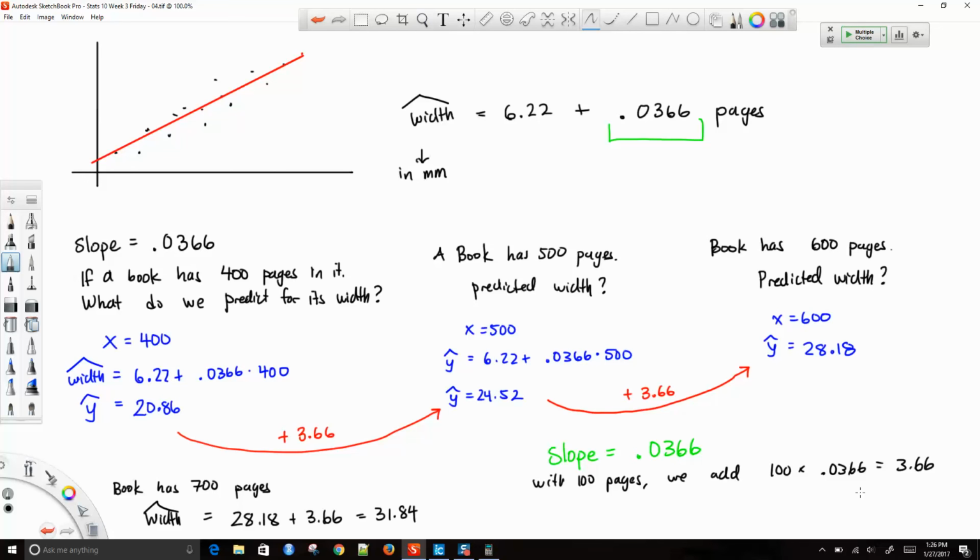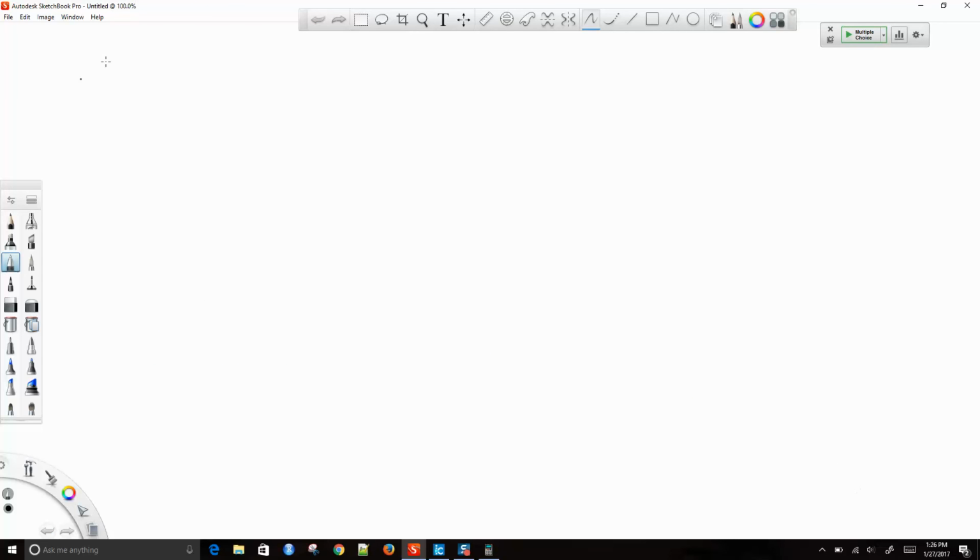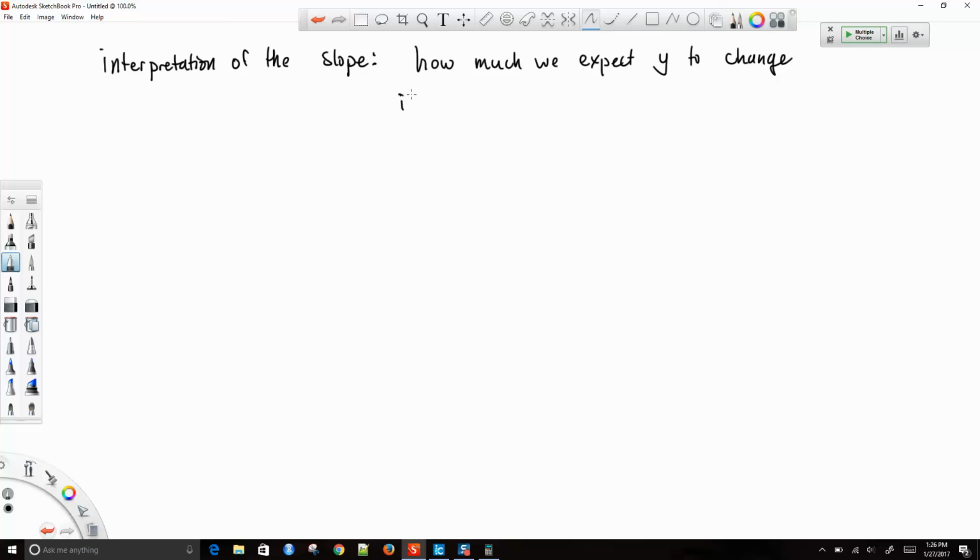Okay, and so this gives us some insight as to what the slope means. Okay, so the interpretation of the slope: this tells us how much we expect y to change if x goes up by 1.